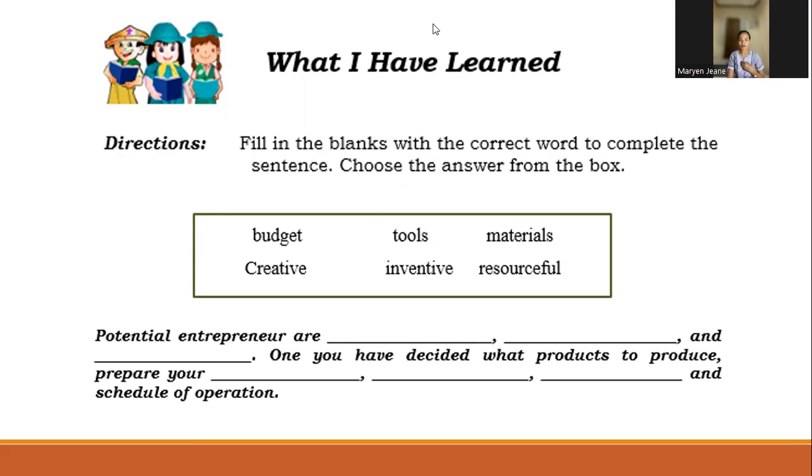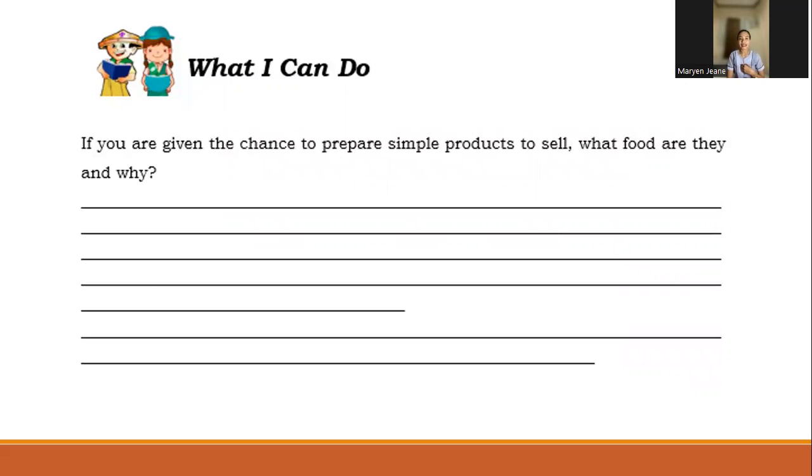Okay, so very good. We have already answered this activity. Now let's move on to the next one, which is the "What I Can Do" activity. In this part you are going to answer in a paragraph form. You may write your answer in the space provided, or you may answer it in a separate sheet. The question is, if you are given the chance to prepare simple products to sell, what food are they and why?